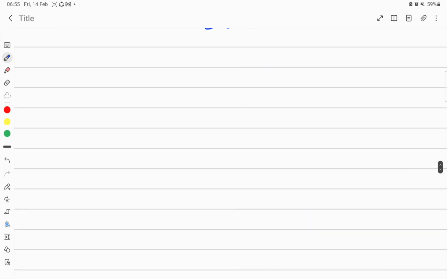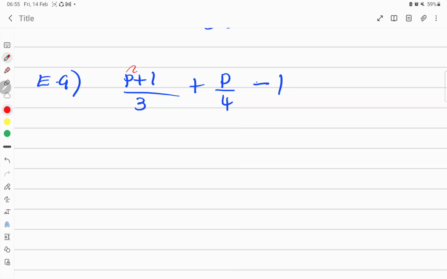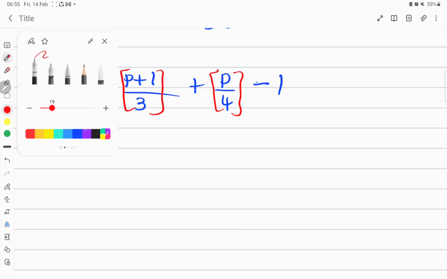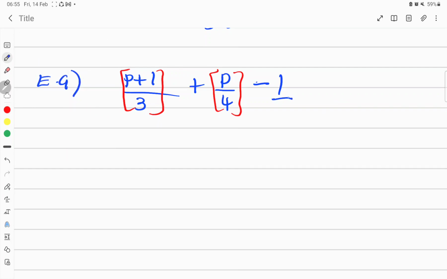Let's look at another example. Let's say you have p plus 1 over 3 plus p over 4 minus 1. Now when you have something like this, yes, you have a fraction here, you have a fraction there, but that must be a fraction, so you must write what? 1 over 1.